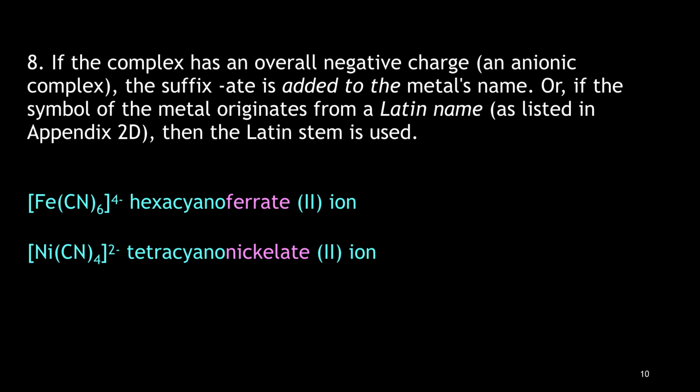The complex in the previous example was a cationic complex. If the complex is anionic, add -ate to the end of the name of the metal. Examples are hexacyanoferrate(II) and tetracyanonickelate(II).